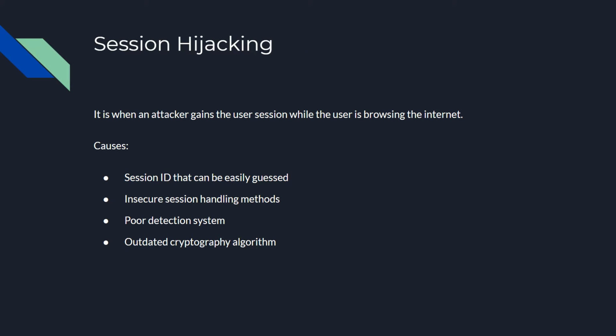Session hijacking occurs when an attacker gains the user's session while the user is browsing the internet. It is often caused by session IDs that can be easily guessed, insecure session handling methods, poor detection systems, and outdated cryptography algorithms.